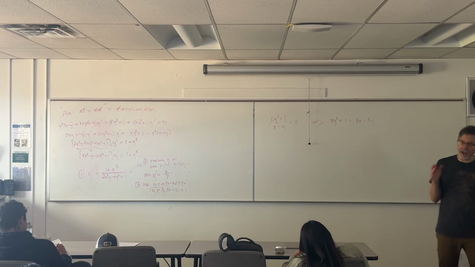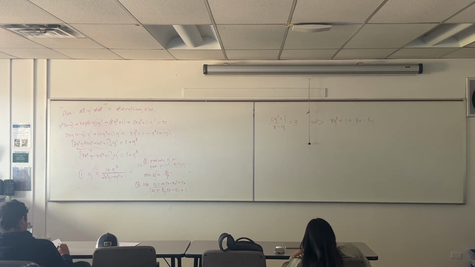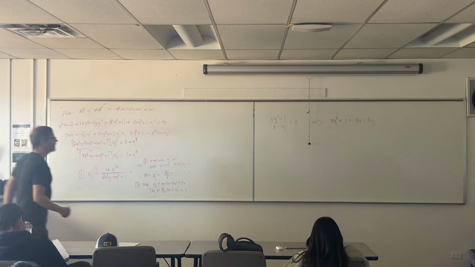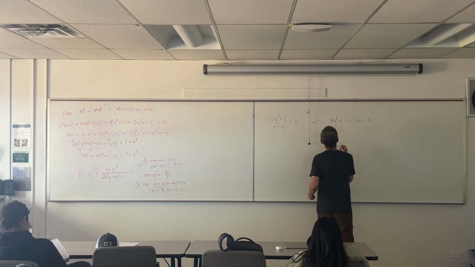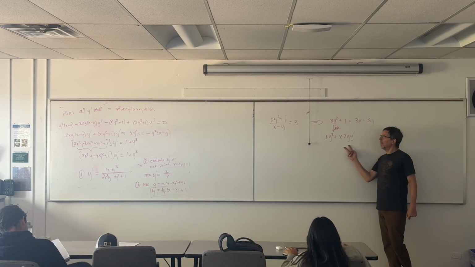You need the product rule, right? You've got the x times y squared. For the x y squared, this is what you need to do.